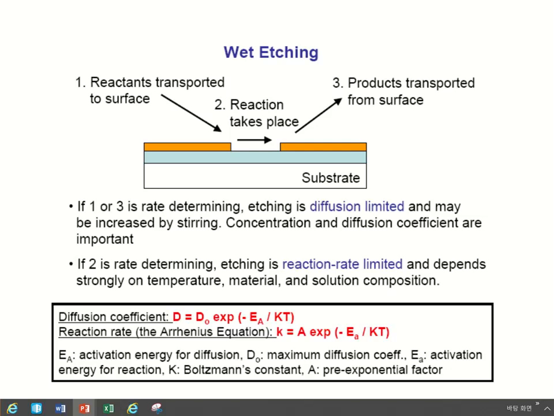Concentration and diffusion coefficient are important. If step number two is rate determining, then etching is reaction rate limited. If this reaction determines your etch rate, it strongly depends on temperature, material, and solution composition.